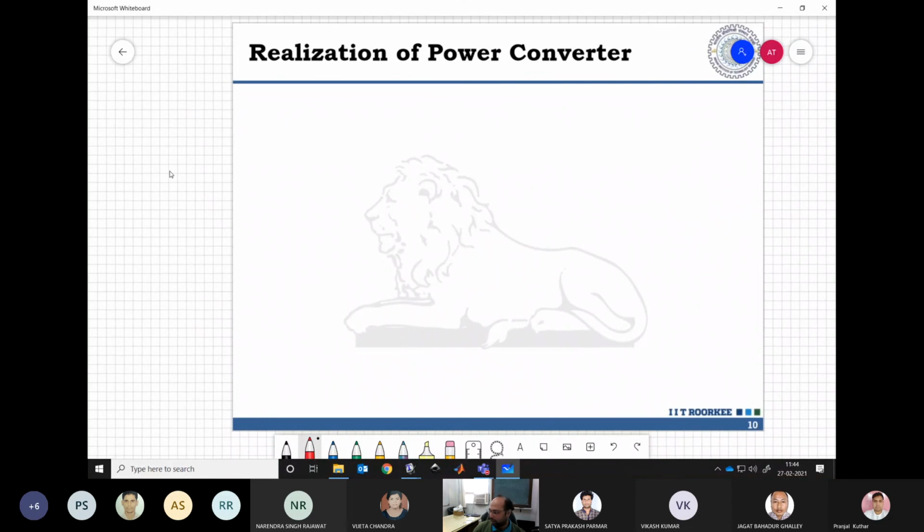Now the first converter, let us say, is our buck converter. If we go step by step, it is very easy to say what will fit where. First, let us draw the circuit.